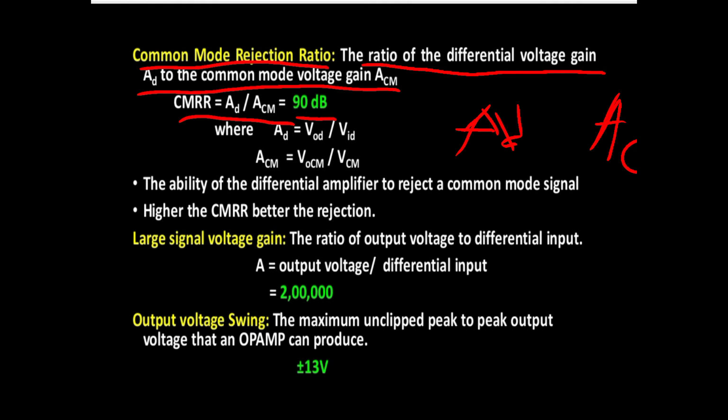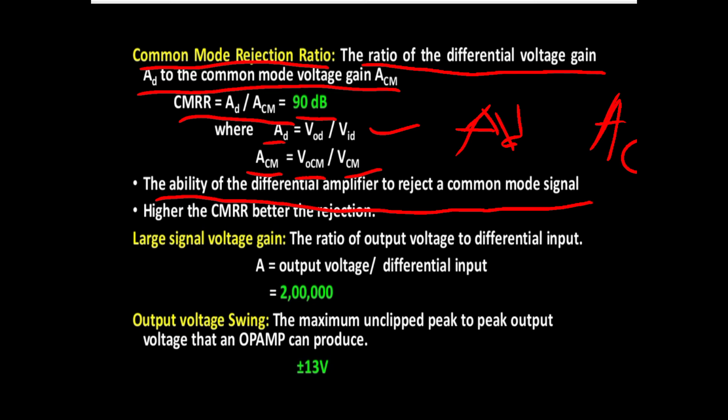Where AD is nothing but the differential mode gain, that is the differential output voltage by differential input voltage, that is VOD by VID, and the common mode gain, that is ACM, is equal to common mode output by common mode input, that is Vo,CM by VCM. The common mode rejection ratio is also defined as the ability of the differential amplifier to reject the common mode signal.